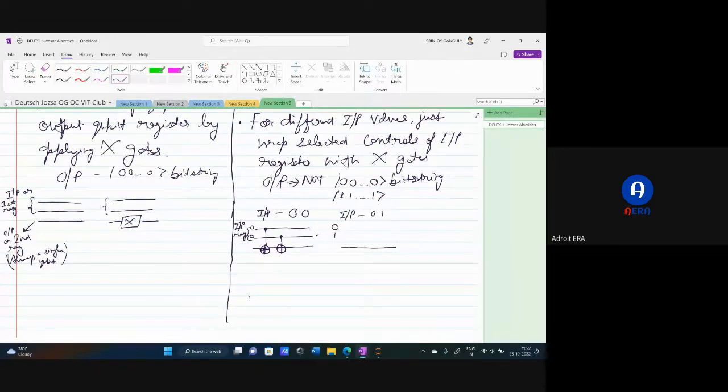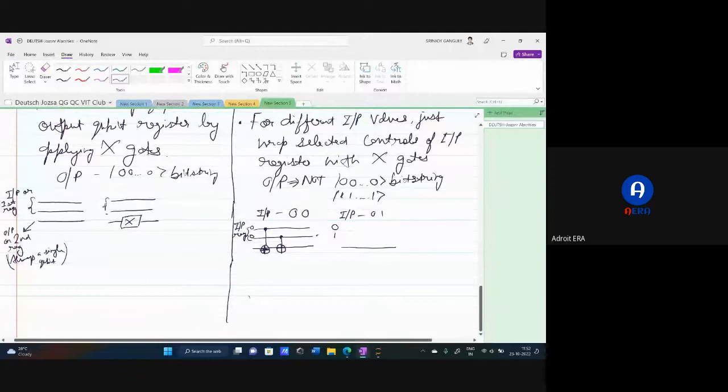Okay, 0 1, remember it says for different input values just wrap selected controls of input register with X gate. Okay, it means wherever you have one, wrap that particular control with an X gate. How are you going to wrap it?